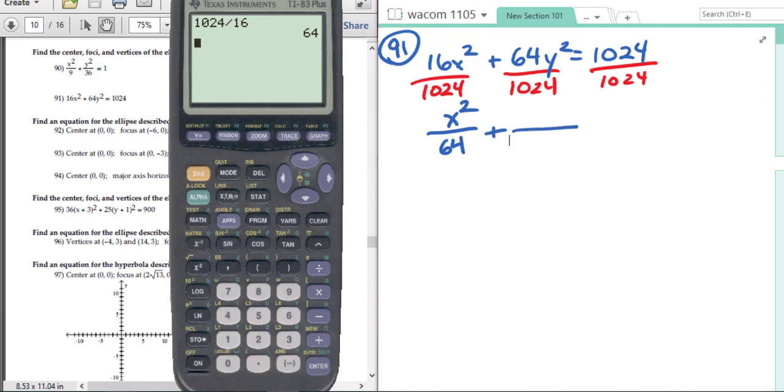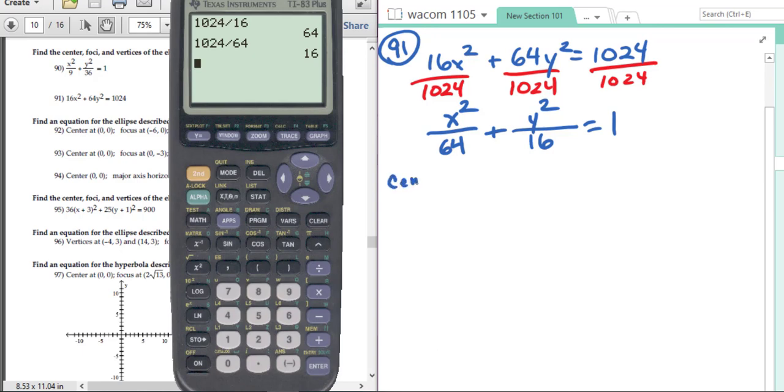Here, 1024 divided by 64 equals 16. Equals 1. Now we're in standard form.